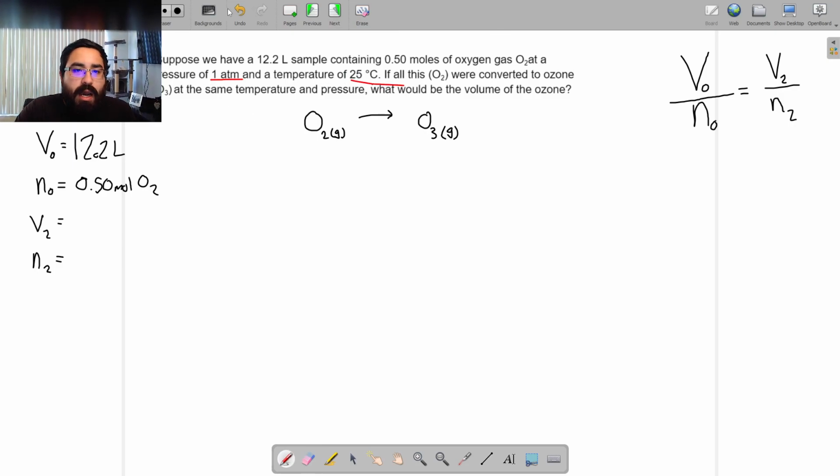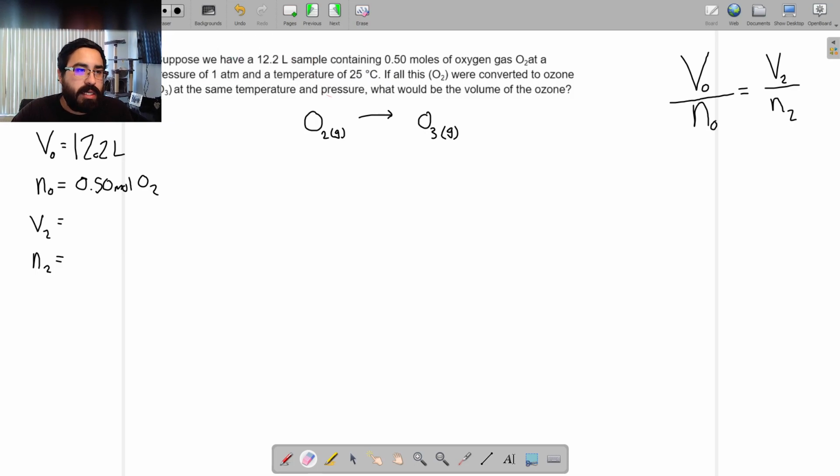It says, if all of this O2 were converted to ozone at the same temperature and pressure, what would be the volume of the ozone? The fact that they said the same temperature and pressure means that this number isn't going to change, so it is irrelevant to us. It's just there to throw you off or to give unnecessary detail.